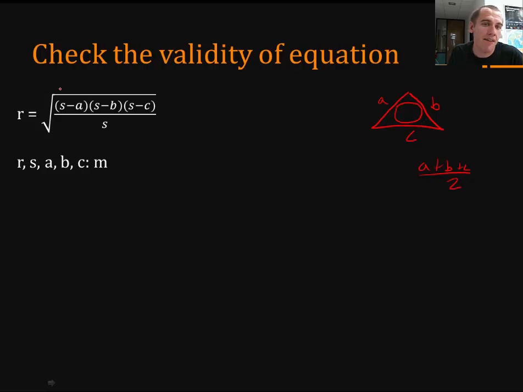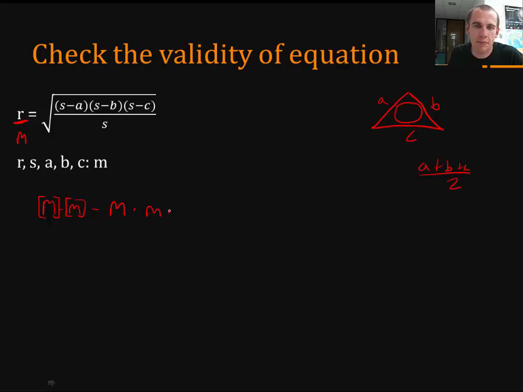So do we have meters when we're all done? Well, right here I have R, which is definitely meters. So the left side of this is length. Now S minus A, which is a meter minus a meter, that's right, we're just looking at units, we're not looking at values here. So a length minus a length gives me another length. So I do have a meter for that. S minus B, again, a meter for that because it's the same argument.